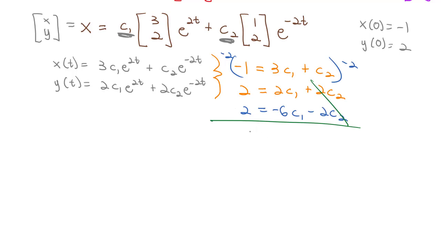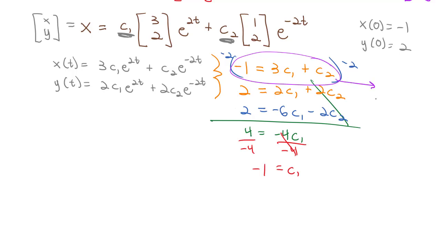Adding the equations together, we get 4 equals -4c1, which means if I divide both sides by -4, c1 equals -1. Figuring out c2, I'm going to plug it back into the original equation. So I have -1 equals 3 times c1 plus c2. -1 equals -3 plus c2, so c2 is equal to 2.